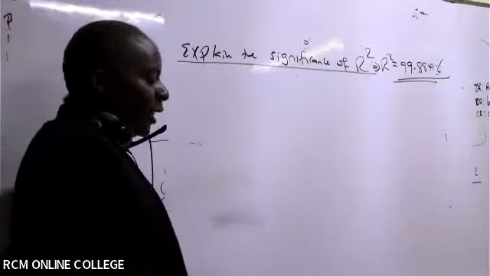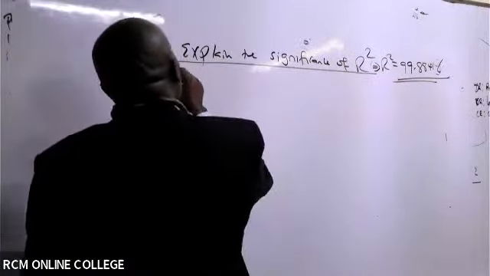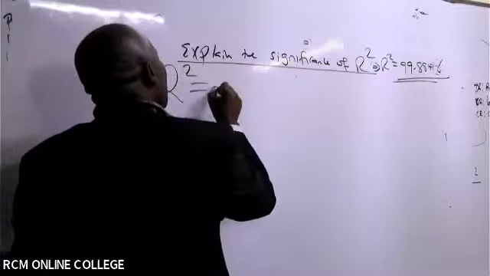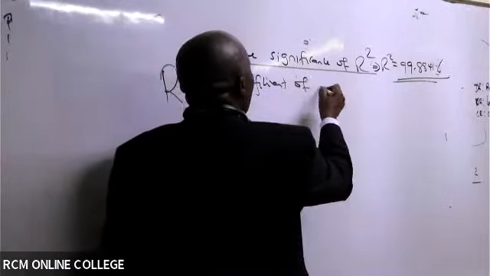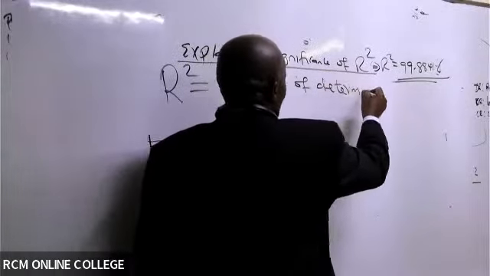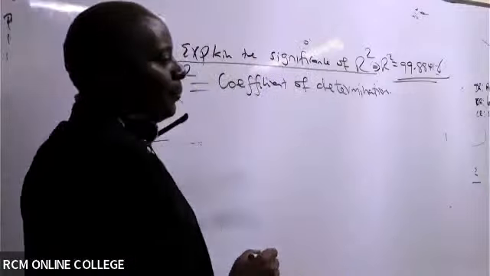Explain the significance of R squared. If you remember very well, this R squared is also known as the coefficient of determination. Not correlation, but determination.